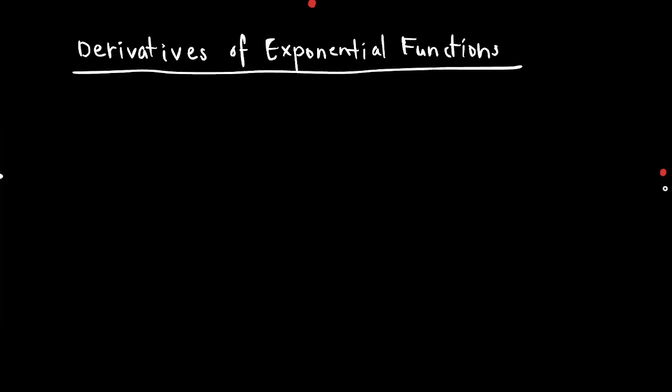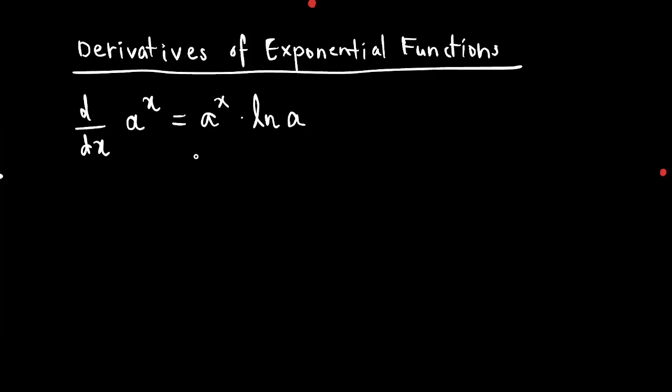All right, now let's look at some special derivatives of exponential functions. If we're given an exponential function and we're trying to find its derivative, let's say the derivative of any exponential function, some number a raised to the x, that derivative is simply going to come out to our number a to the x multiplied by ln, the natural log, of our base a.